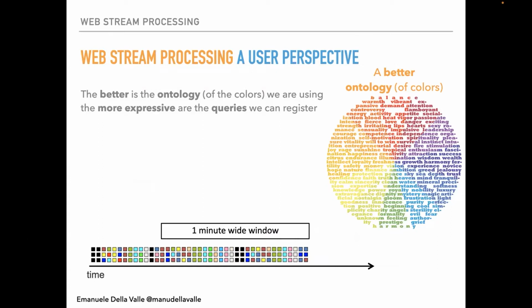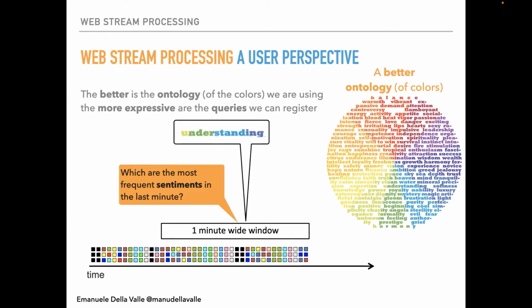So every word that you read in the box is a word that somehow is mapped to one of the colors, and therefore if you say which are the most frequent sentiments, assuming that ontology connects words to colors in the last minute, what you have is understanding, right? Because it is somehow the combination of the colors that is appearing into the last minute window.